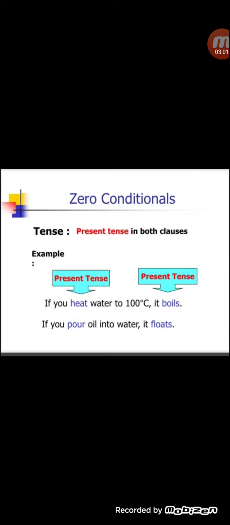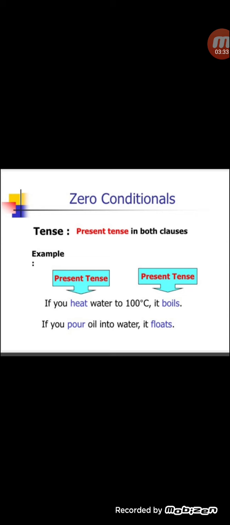We can see the present tense in the if clause, and we can also see the present tense in the main clause. Okay. We can see simple present tense in both the clauses, because actually simple present tense indicates universal truths. Okay. That's why we can see the simple present in the main clause.